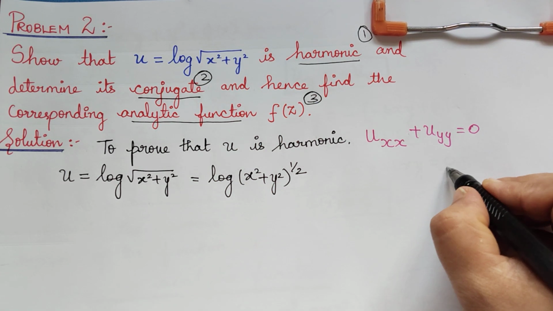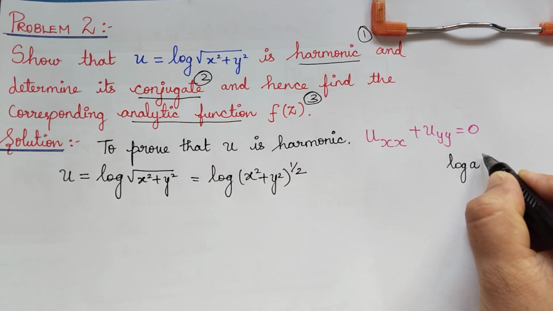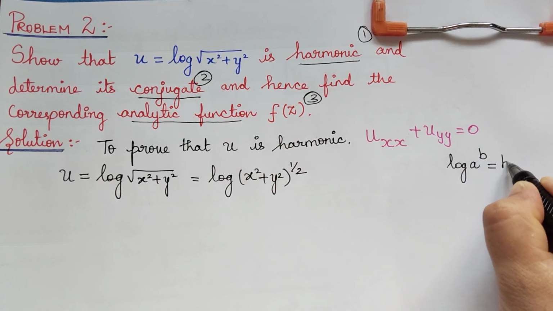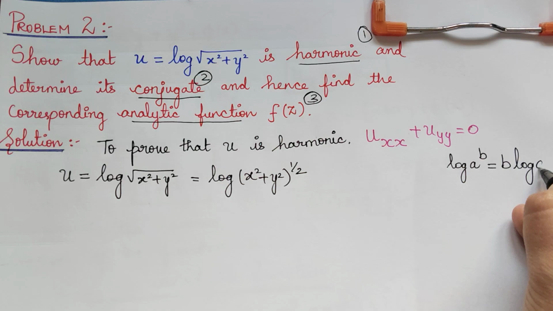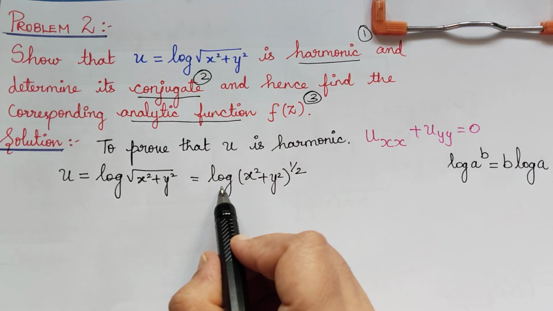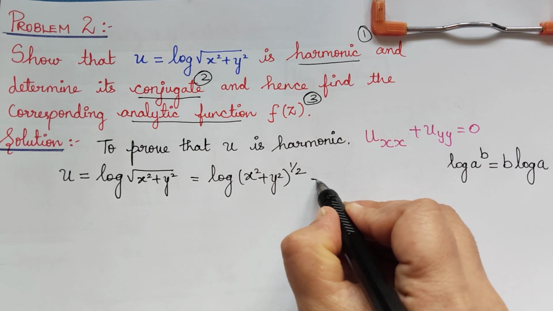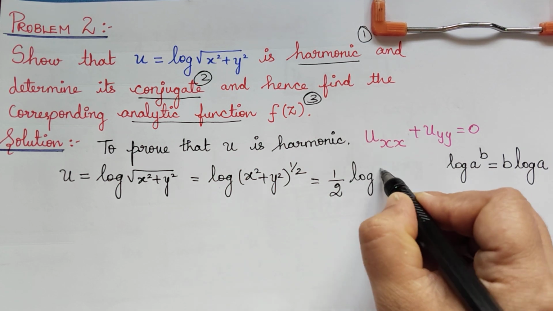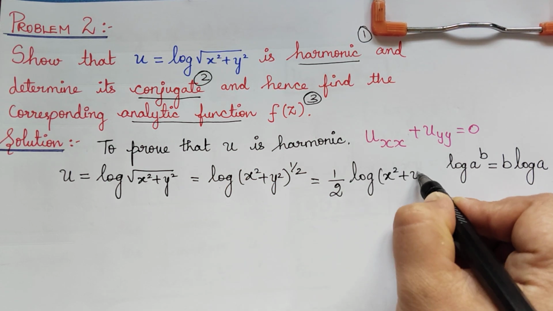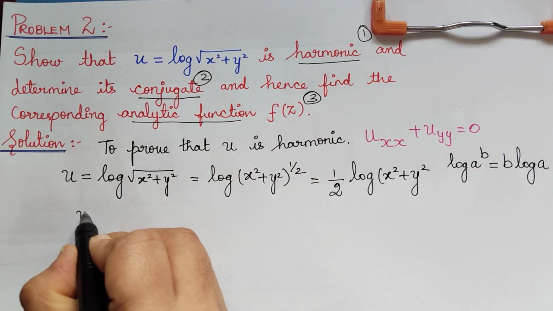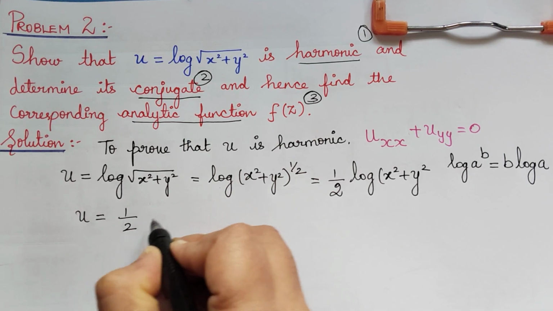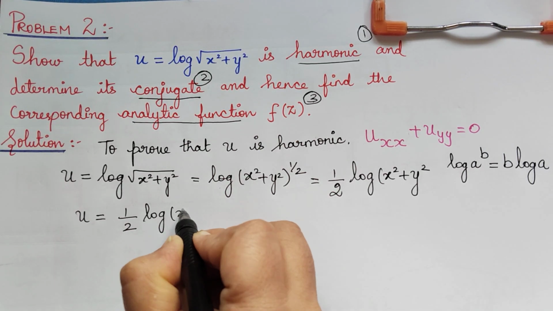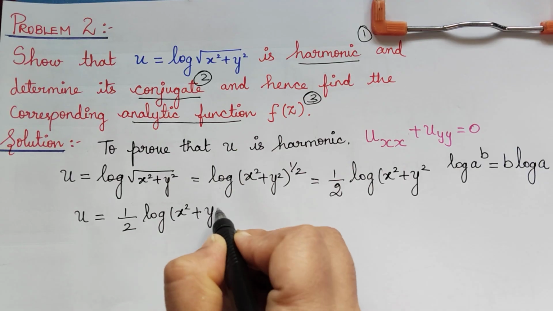And we know that logarithm of a to the power b will be equal to b log a. Using this, we understand that this 1 by 2 can be written as 1 by 2 logarithm of x square plus y square. So now u is equal to 1 by 2 logarithm of x square plus y square.